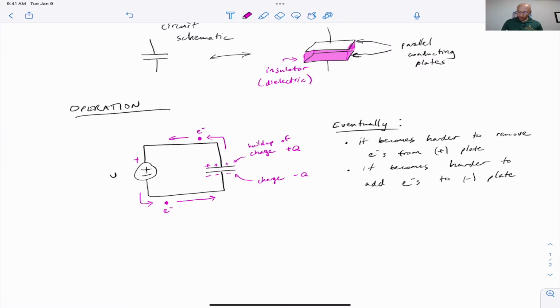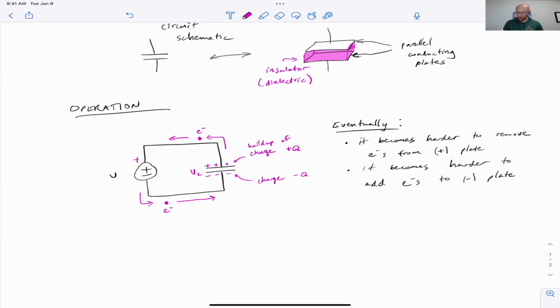At some point, when we have some VC across here, we can't add any more charge. And from this picture, in this case, the VC is going to be equal to V, and we'll have some total charge of plus Q on the plus plate and minus Q on the negative plate.